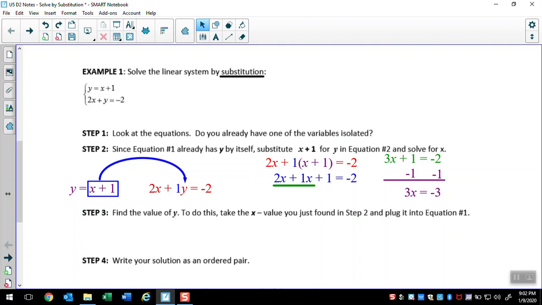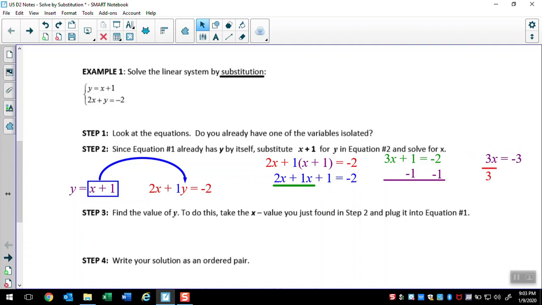Okay. I need some more room, so now I'm going to take this and I'm going to bump it up to here, just to give me a little more space. Okay. Now to solve for x, I'm going to divide, maybe. I don't know why it's not working. There we go.